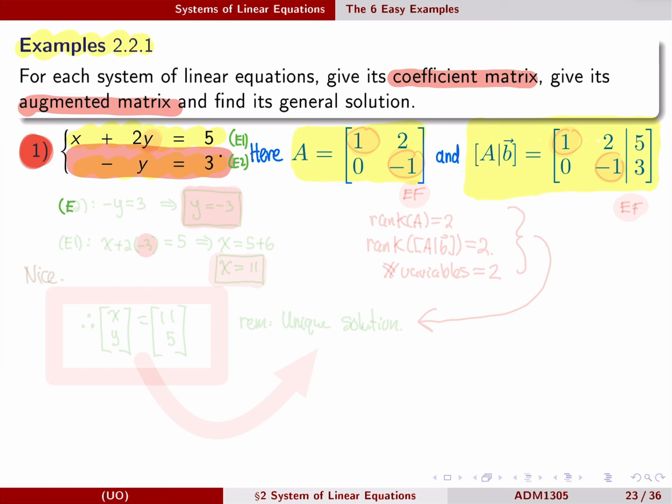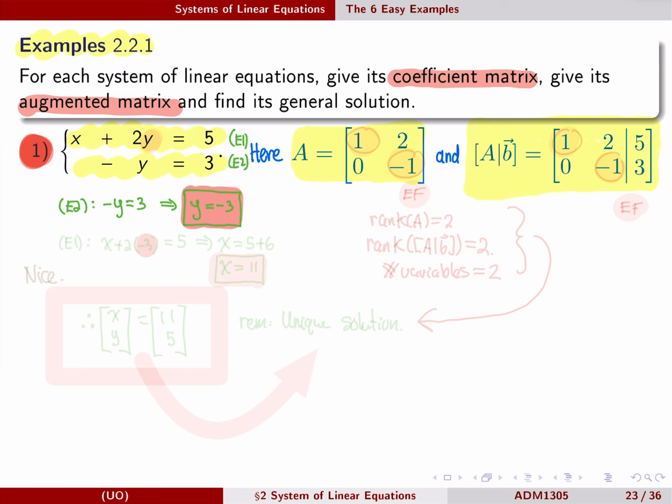If I read equation 2, I can figure out what y is, because minus y is equal to 3 implies that y is equal to minus 3. So there's only one possible value for y in a possible solution, and that value is minus 3. So if you give me any pair and ask me, is this a solution? The y value of that pair needs to be minus 3.